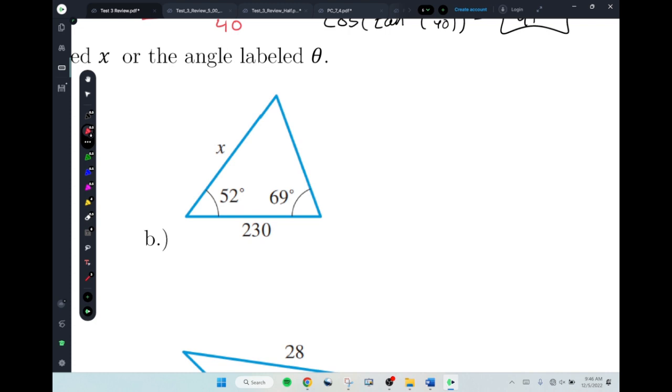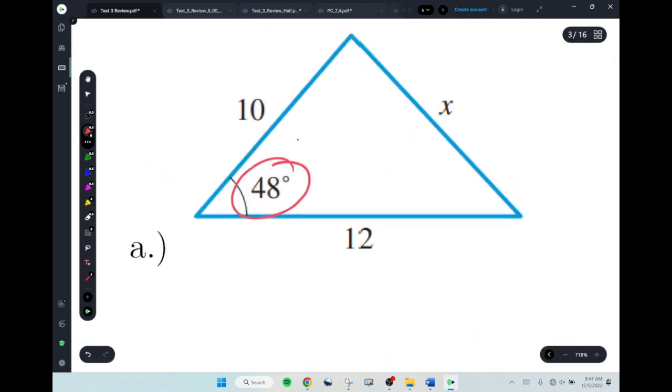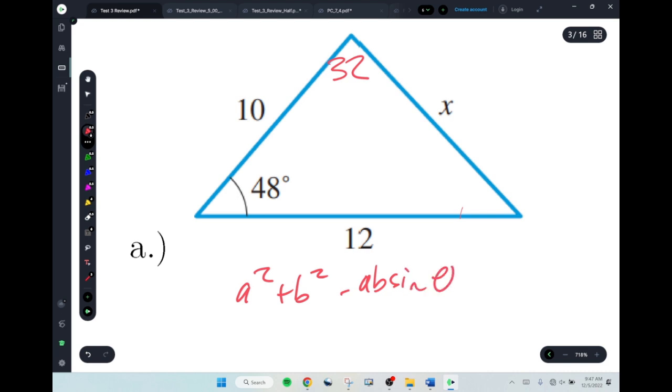No, because there's a potential here for a 45 degree angle and it not to be 90. There's a potential for a 45 degree angle and a 32 and whatever's left. And it still follows this rule with sine of 45, because the first rule you would use would be a squared plus b squared minus ab sine theta.